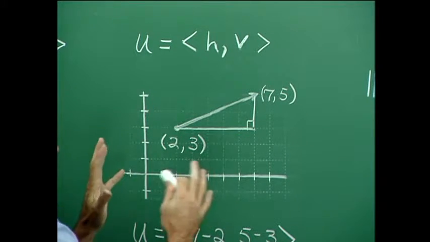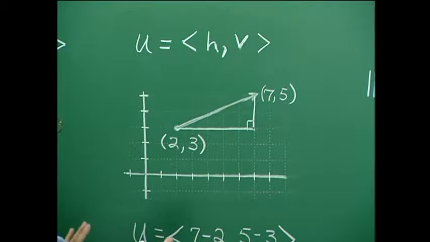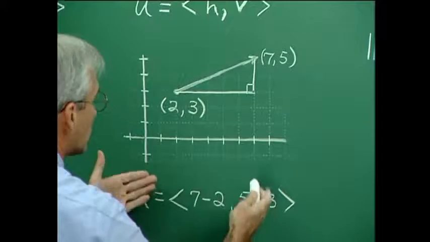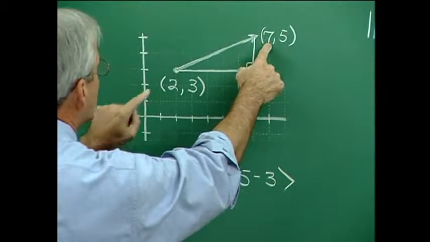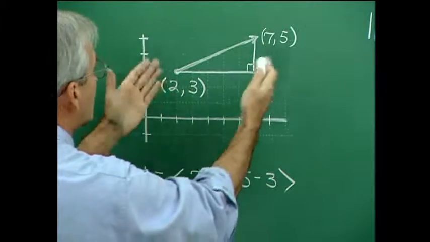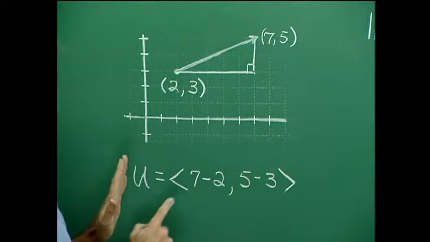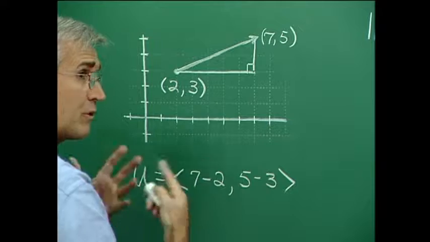We have direction associated with problems like this, and so when we make the calculations, notice for the horizontal value, it's this horizontal distance minus this horizontal distance to give us this horizontal distance. So it's 7 minus 2, and it's important to perform the operation in a particular order.